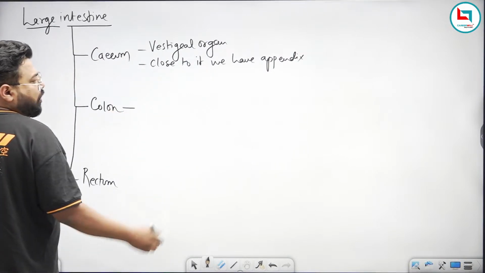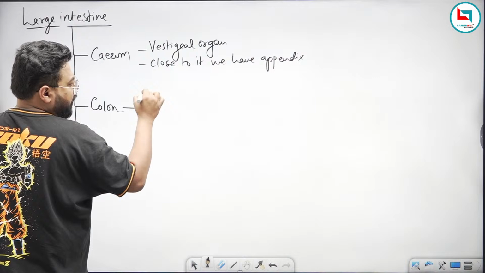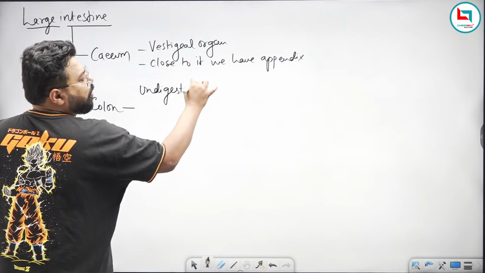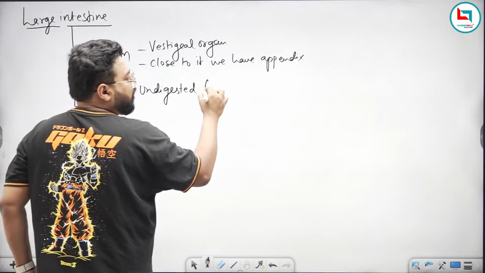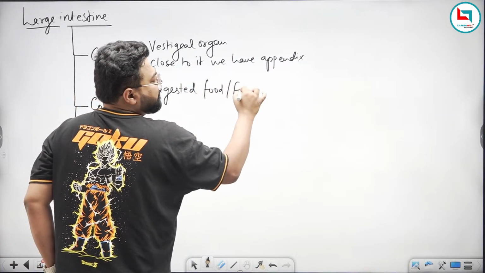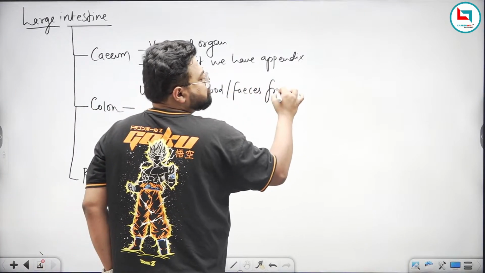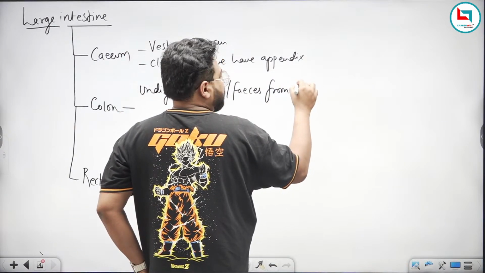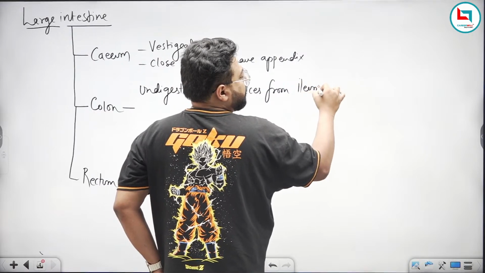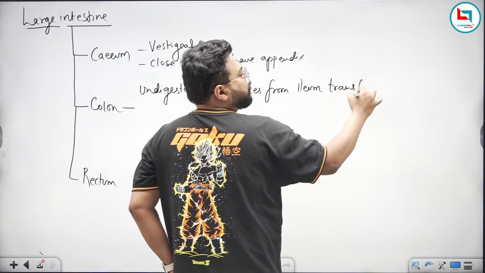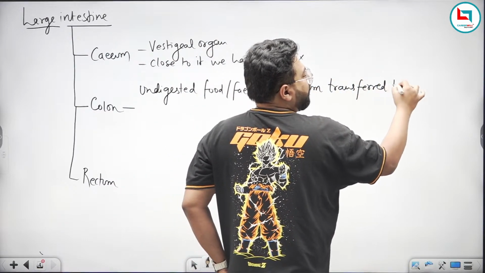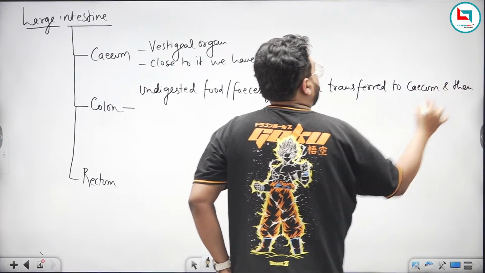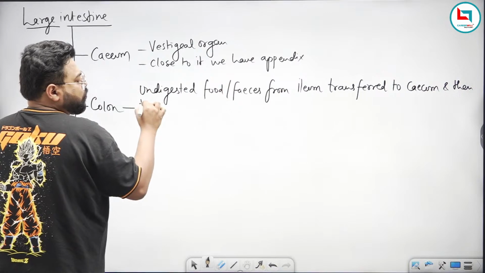So colon. Undigested food which is not absorbed by the body, or we call it feces, is transferred from ileum to cecum and then to colon.